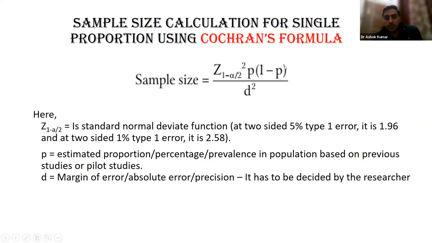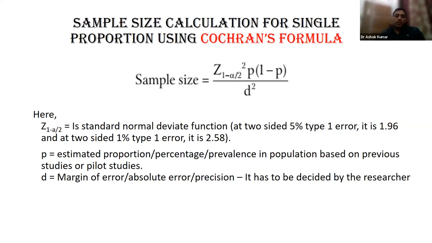Sometimes 1 minus P we can write as Q, so PQ. Q is 1 minus P. So it is Z squared PQ upon D squared. This is a very simple format of this formula. Simple. And what is Q? Q is 1 minus P.